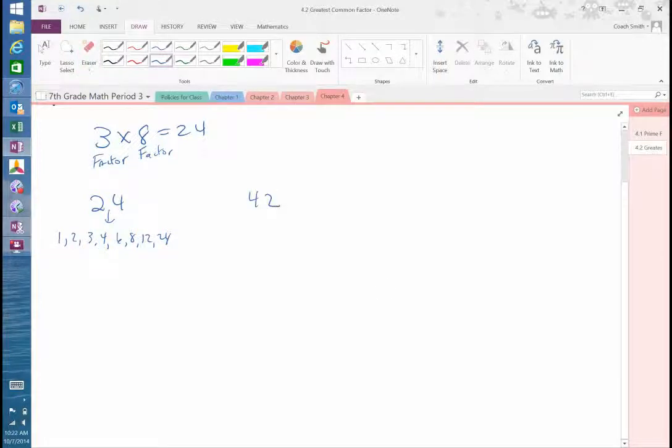Factors of 42: 1, 2, 3, does 4 go into it? No. 5 doesn't go into it. 6 goes into it, 7 times. 3 times 14 is 42. 2 times 21 is 42, and then 42.